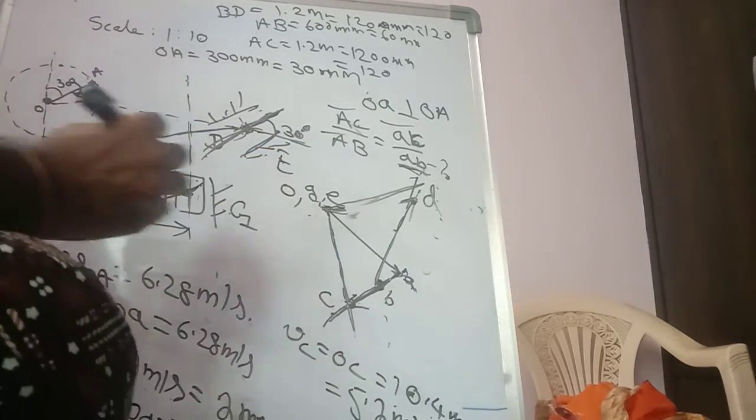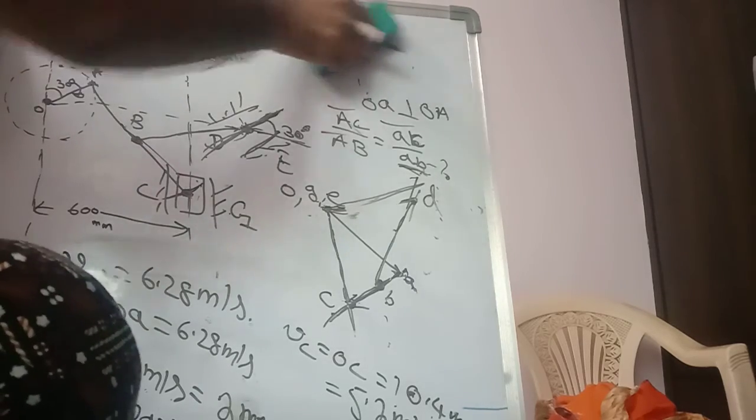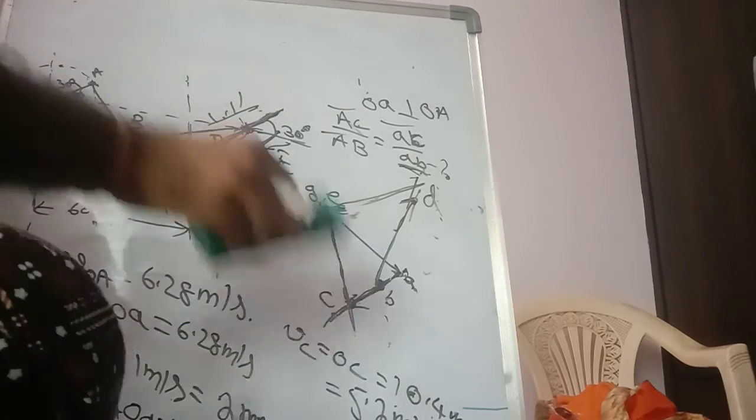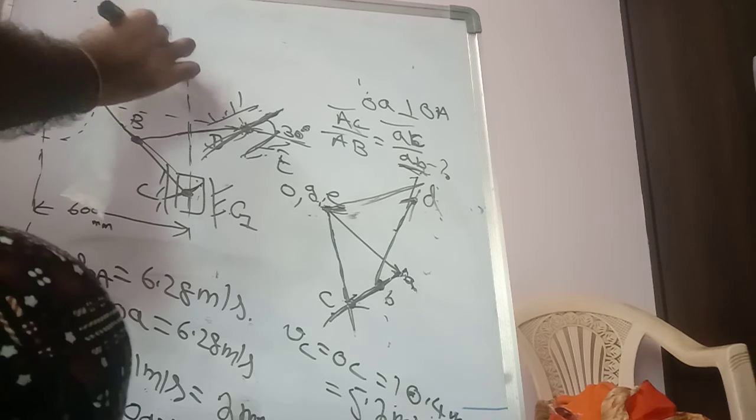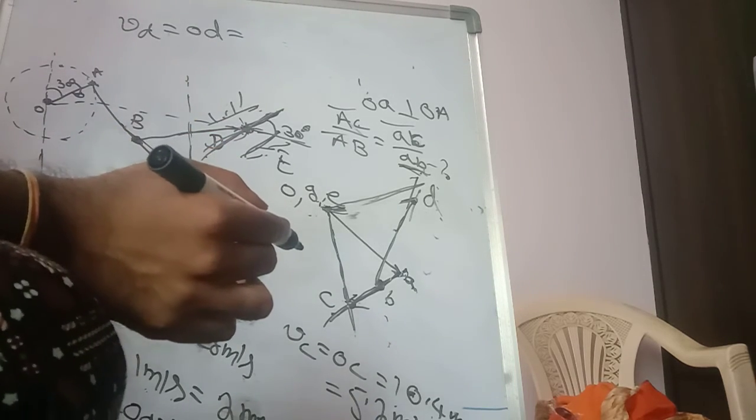How to find the velocity of D? Velocity of D, Vd, is equal to small od. So you have to find out the small od.